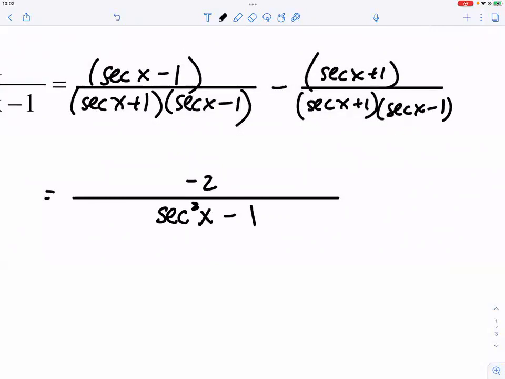Yes. Because of the subtraction, secant x minus secant x, gone. And then you have minus 1 minus positive 1. That's how you get the minus 2.